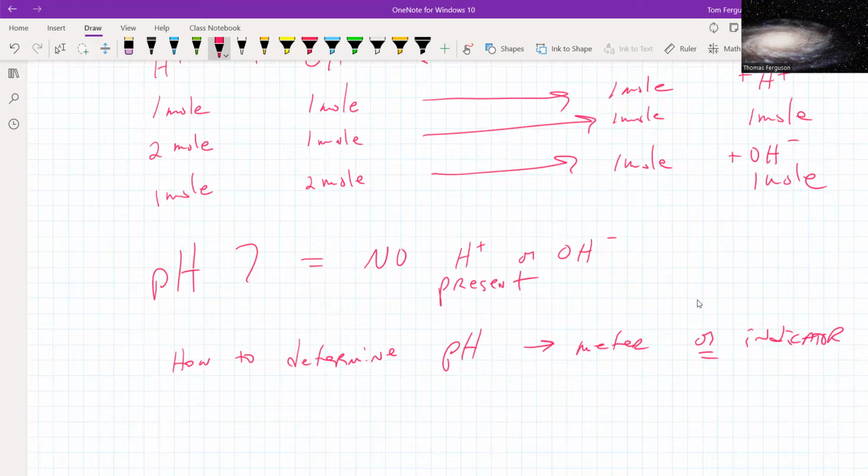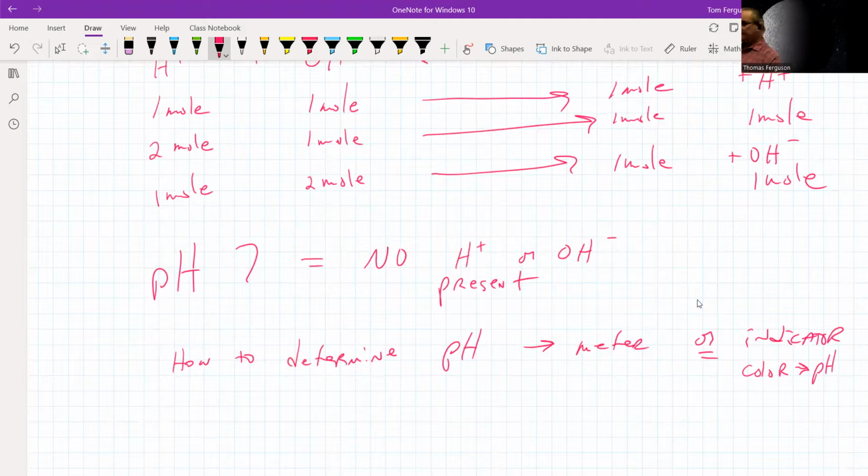An indicator, we all use pH paper, remember? In lab, that orange paper. That orange paper has a whole bunch of indicators dissolved on it. There are like 6 or 7 of them, and the color will determine the pH. Now, for acids and bases, we want an indicator that tells us we're at pH 7.